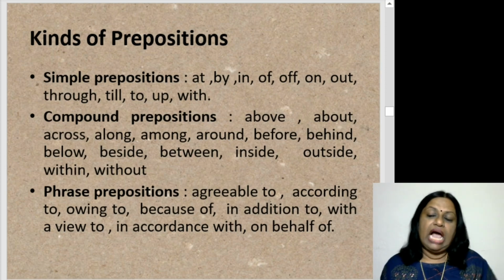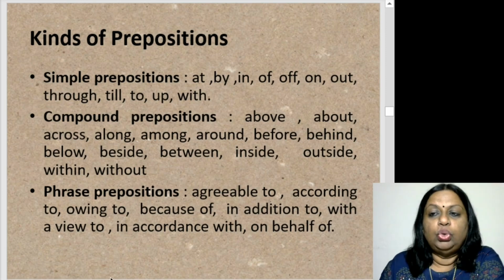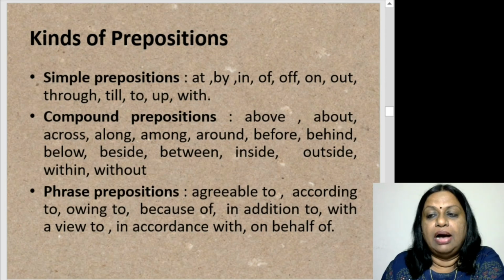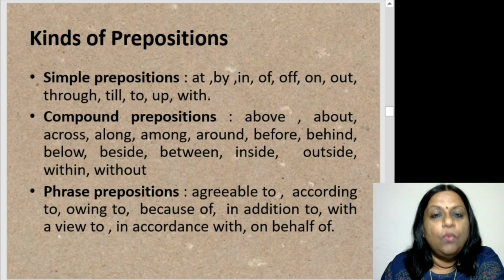Now let's look at kinds of preposition. The first one is simple preposition, and the examples would be at, by, in, of, on, out, through, till, to, up, with. Examples of compound prepositions would be above, about, across, along, among, around, before, behind, below, beside, between, inside, outside, within, without.